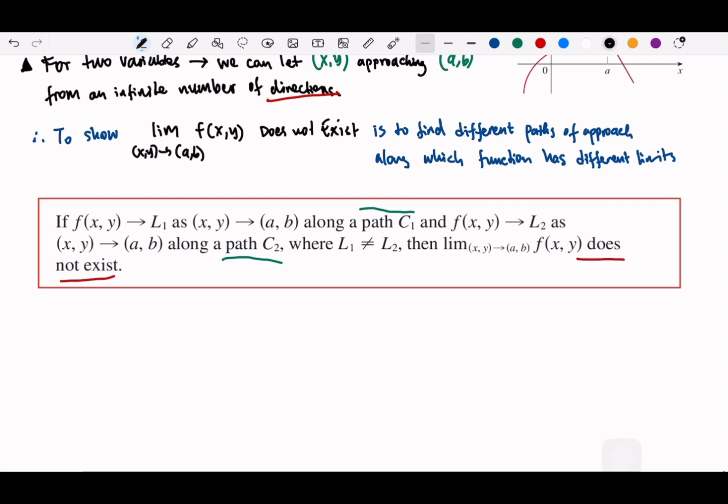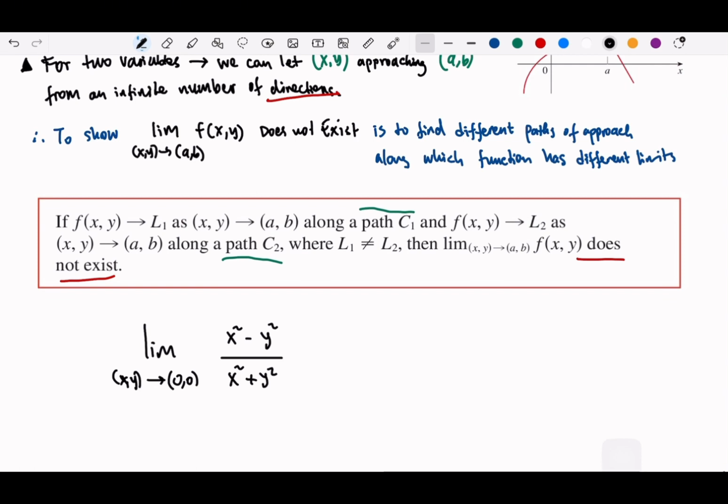So if we take the limit, let me start with the previous example. The limit as (x, y) approaches (0, 0) of (x squared minus y squared) over (x squared plus y squared). How to confirm?